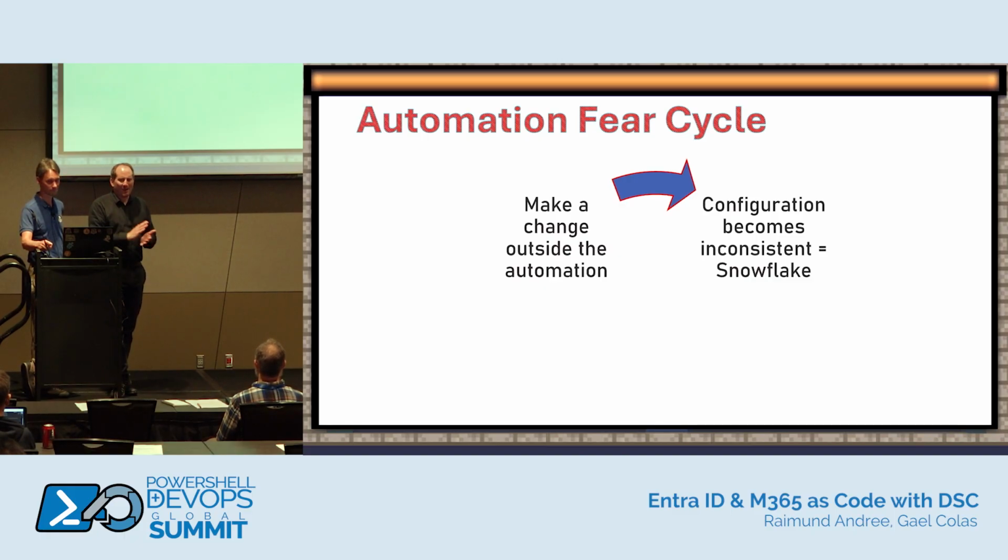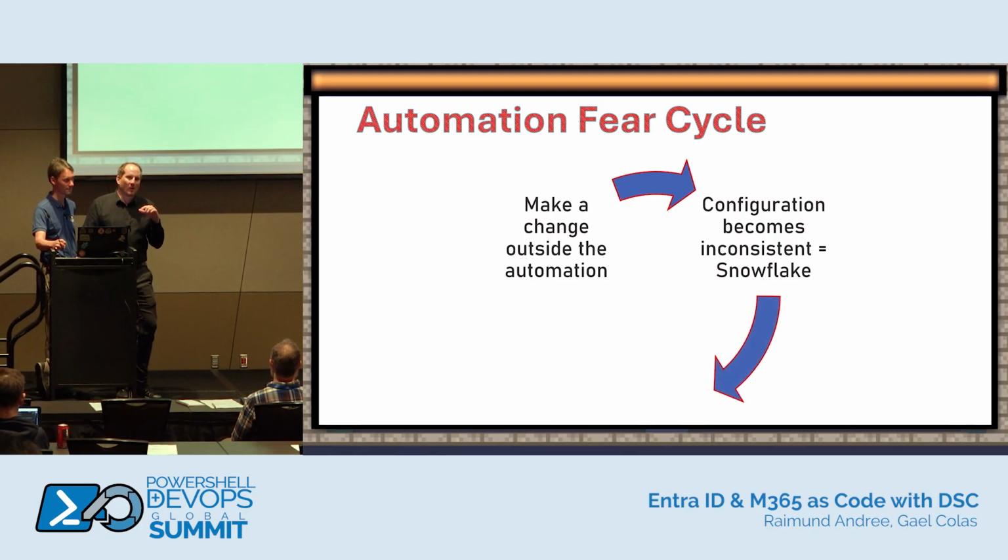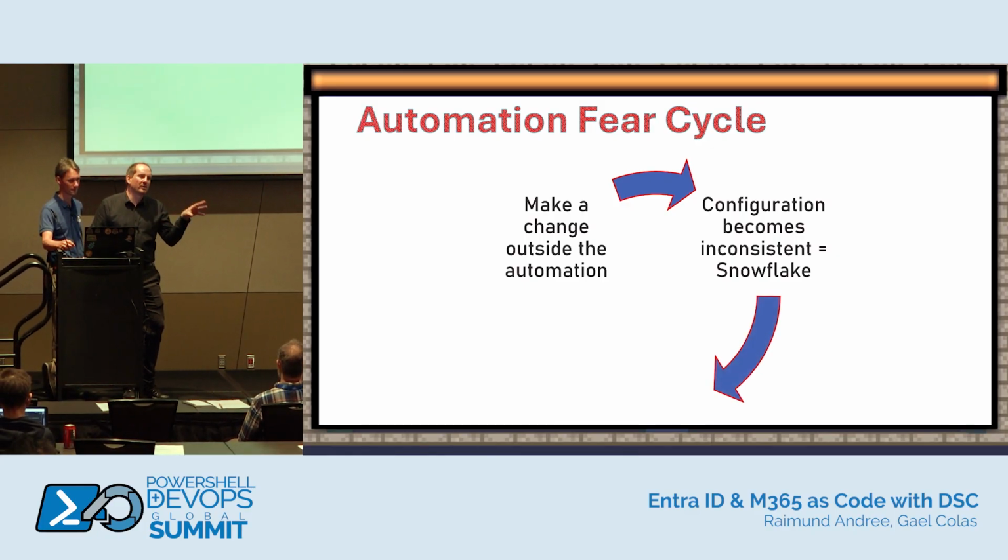What happens next? You've created a snowflake, something unique and different. So what if now we want to run the automation again? I'm not too sure, because this person made a change in the GUI, so I don't know if that's going to break my script or not. So you lose trust in your automation.